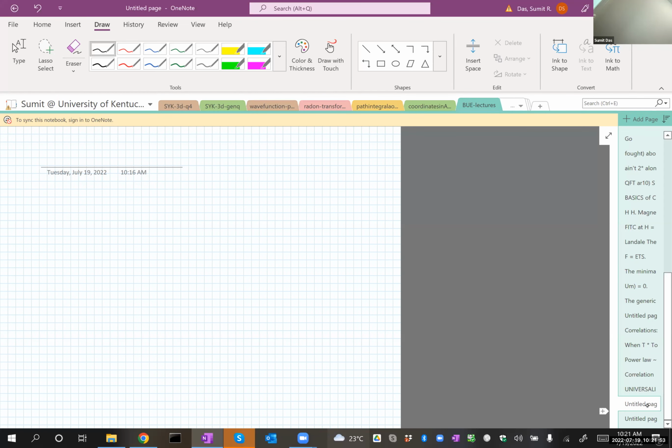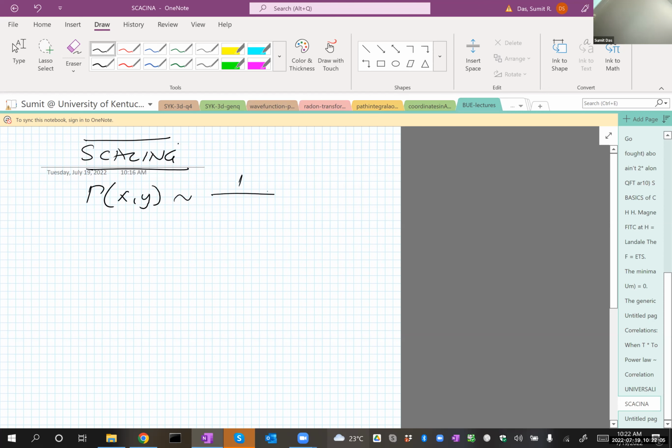The key to understanding this is the notion of what is called scaling. Consider a correlation function which goes as some power, and let me call this power 2 times delta, for reasons which I'll not go into.